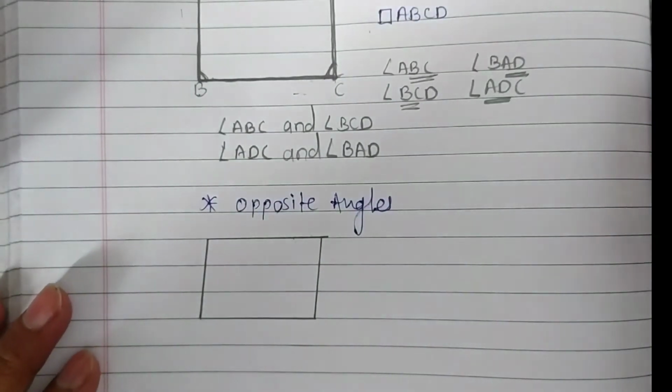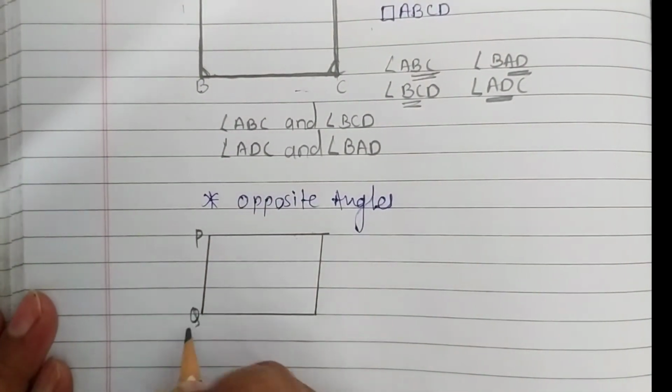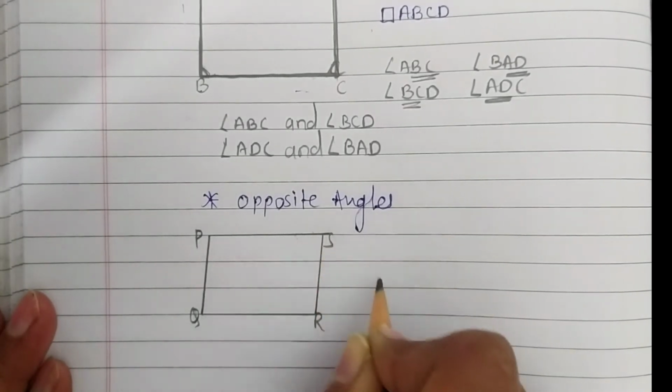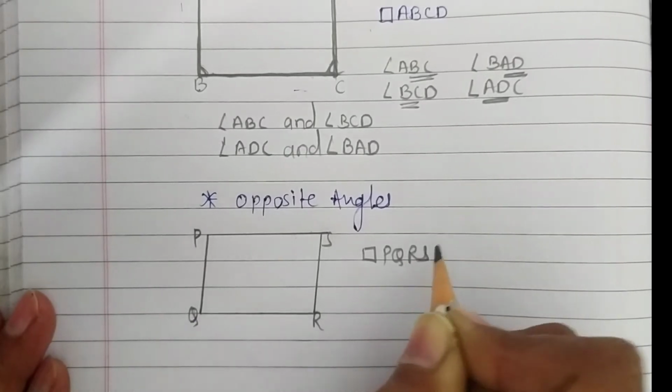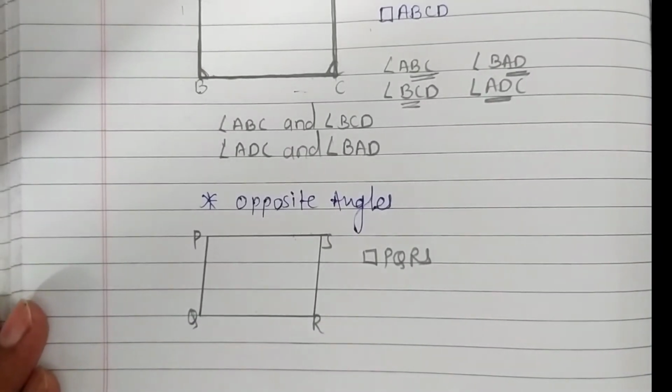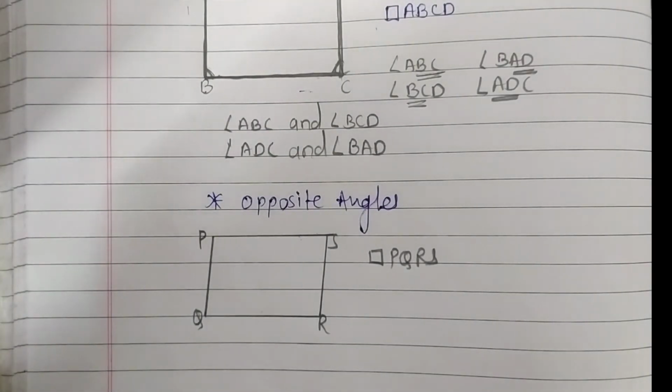Let's draw the figure PQRS. This is quadrilateral PQRS. So in this quadrilateral, what are the opposite angles?